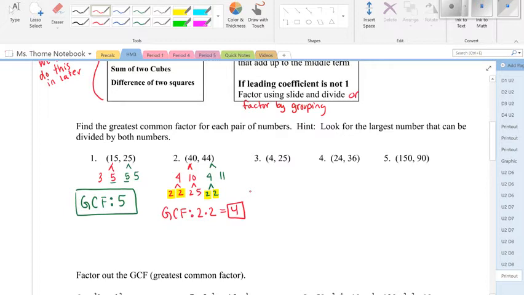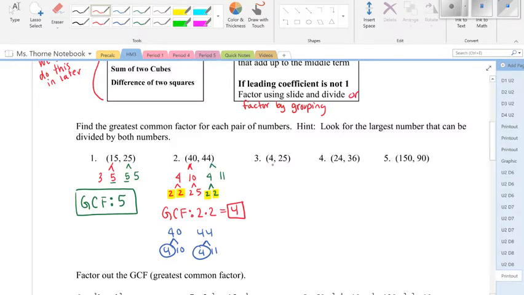Now, could you have not factored all the way to see that it was 4 for the greatest common factor? Sure. So let's say that when we broke down the numbers, we saw right away, well, I know 40 is 4 times 10, and 44 is 4 and 11. Then I could have said, oh, those are in common, so my greatest common factor is 4. So you could also do that. There's usually a couple different ways we can make our factor trees.